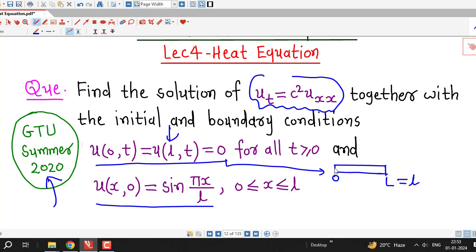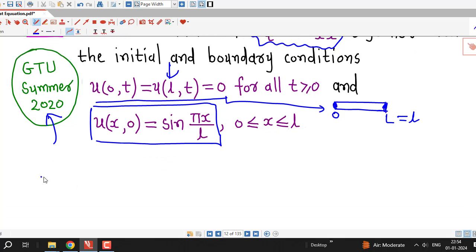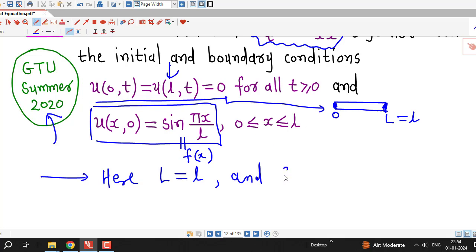So the temperature is 0 at both the ends of the given metal bar, and the temperature at time t equal to 0 is given by sin(pi x divided by L). We can mention that the length of the bar is denoted by small l, and this initial condition is giving us the function f(x).